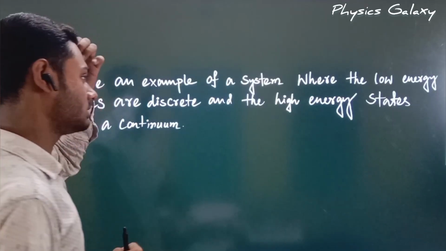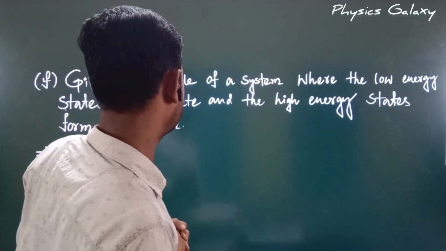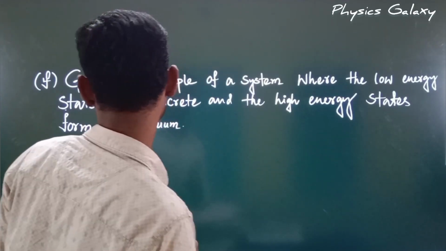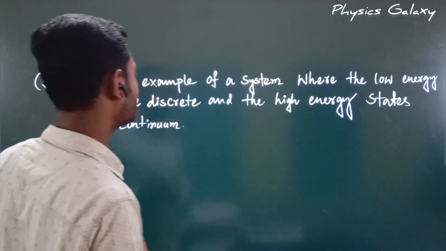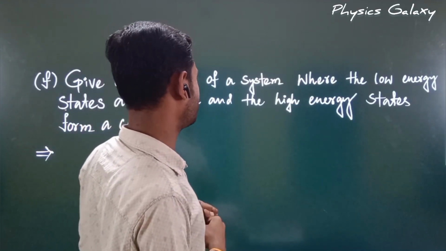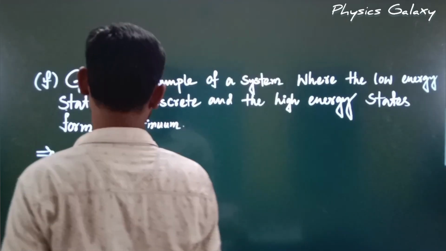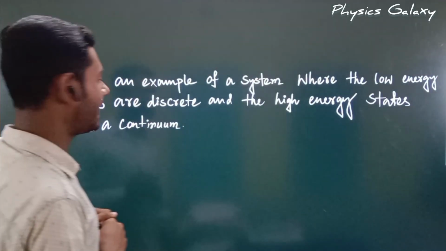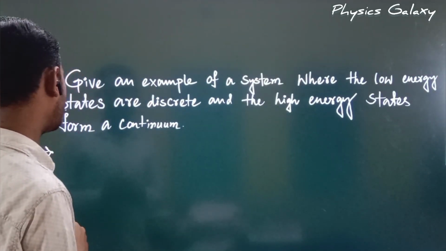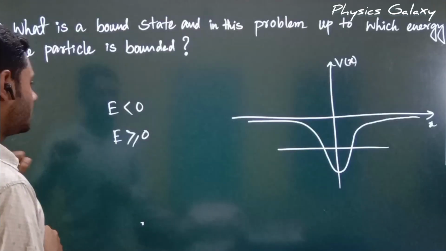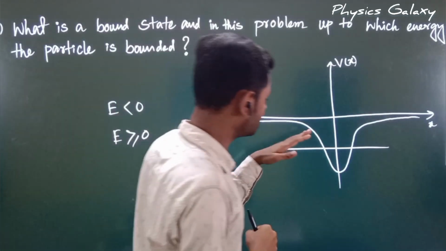Now the last question of this section is: give an example for a system where the low energy states are discrete and the high energy states form a continuum. Here you can see that this is a bound state.